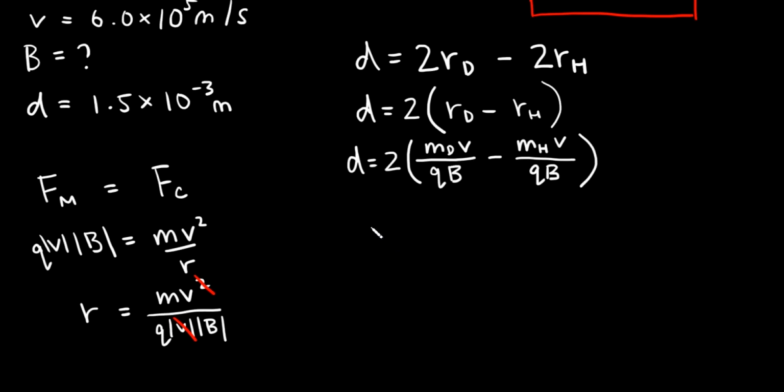Now we want to rearrange to find B, since that's what the question is asking for. And to do that, first I'm going to factor out the common things that we have. So V is common, Q and B are both common. So we've got MD minus MH.